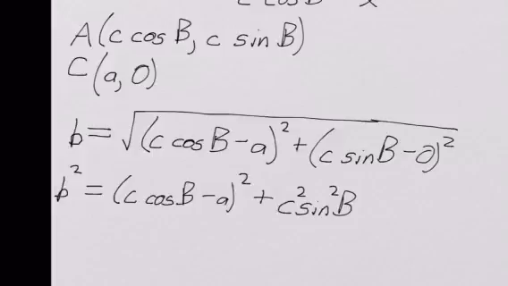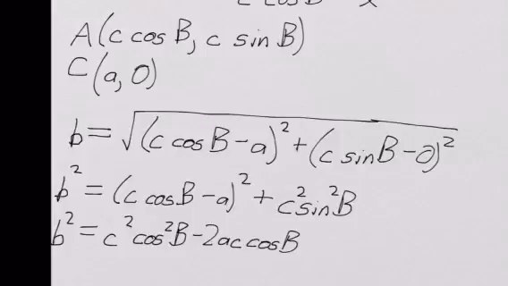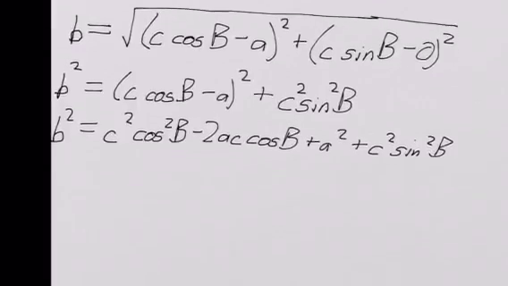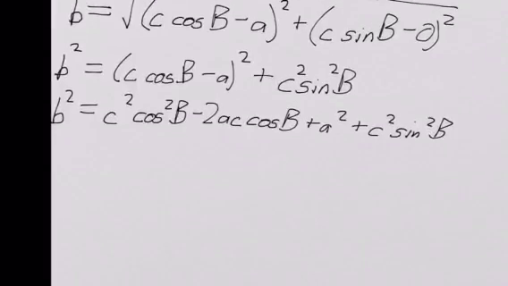So now I'll go ahead and expand that (c cosine B minus a) squared. So I get b squared is equal to c squared cosine squared B minus 2ac cosine B plus a squared, and then we still have plus c squared sine squared B. Now I'm going to do a little bit of rearranging with this.